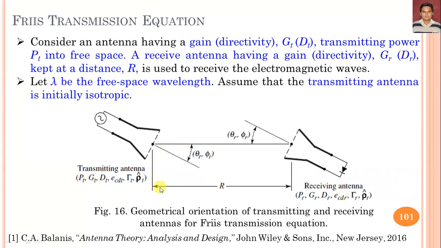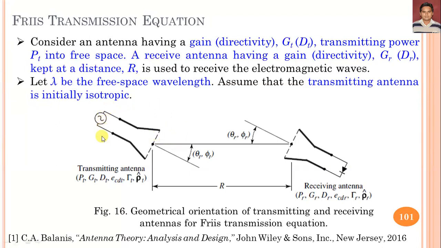The distance between the transmitting antenna and receiving antenna we have considered is equal to capital R. So the transmitting antenna transmits the electromagnetic energy into free space, and the receiving antenna receives the electromagnetic energy, as the reverse process of the transmitting antenna.